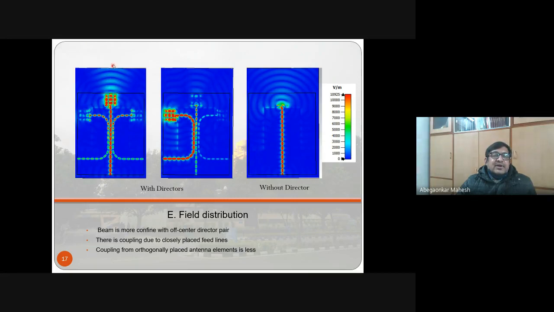Now, what is also important to note here is there are three lines. This is the field line for the left antenna. This is the line for the center antenna. This is the field line for the right antenna. Now, when I excite one of these antennas, the other two antennas should not be coupled. Right? Now, what we see here is, if I excite the center antenna, these red things that you see here, right?